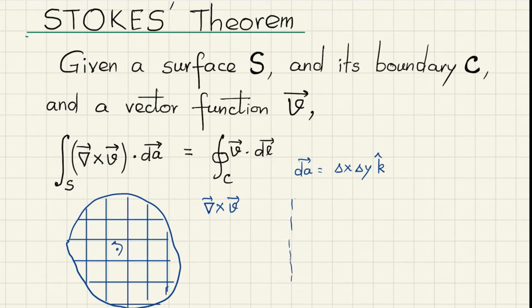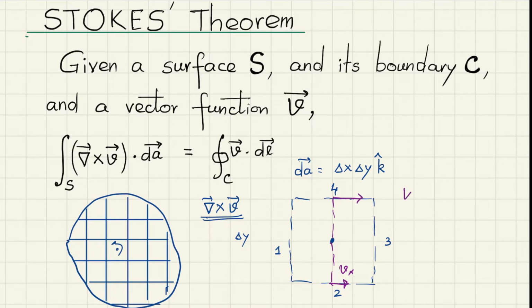Let's make a magnification of this element. Let's say this is delta y on this side and this is delta x on this side, and this is the center point around which we want to calculate del cross V. Let's say this is path 1, path 2, path 3, and path 4. If I consider that there is Vx in this direction, then Vx here will be slightly larger.